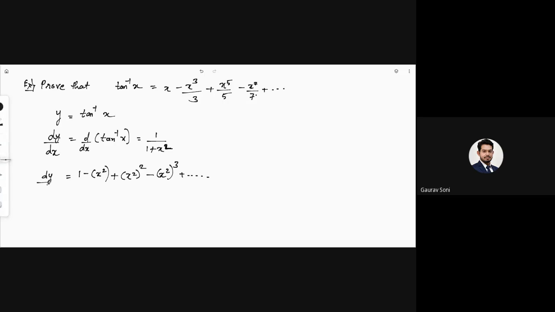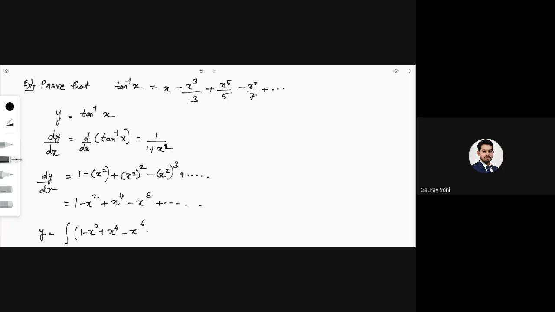This is nothing but dy by dx. What you want is y. Remember this. So 1 minus x square plus x raised to 4 minus x raised to 6, and so on. So now integrating, y will be equal to the integration of 1 minus x square plus x raised to 4 minus x raised to 6 dot dot dot dx.